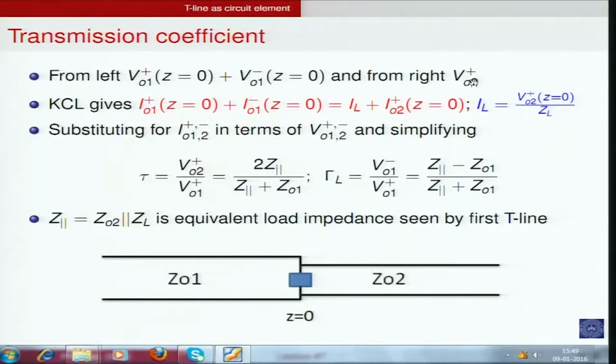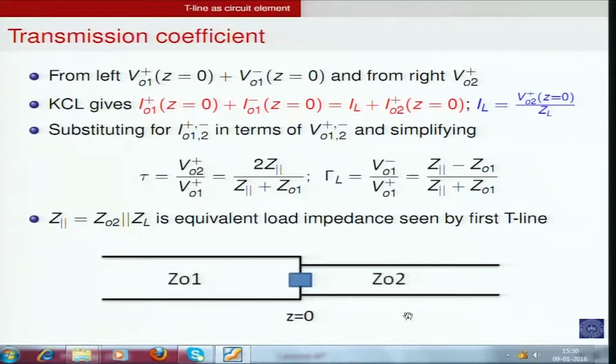Now with KCL you will see that the total line current here is I01 plus plus I01 minus, okay, incident and reflected currents, plus there is some current through the load itself which is IL, plus some current going on to the second transmission line. Again there is only a forward going current I02 plus. Okay, you can equate this, substitute for I01 plus and I01 minus in terms of V01 plus and V01 minus.